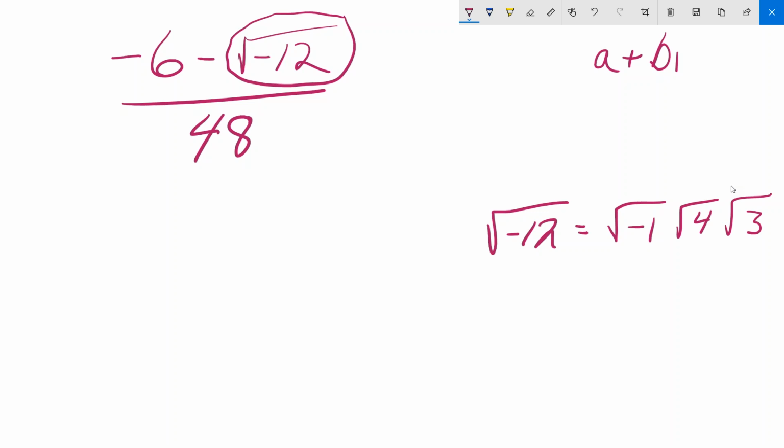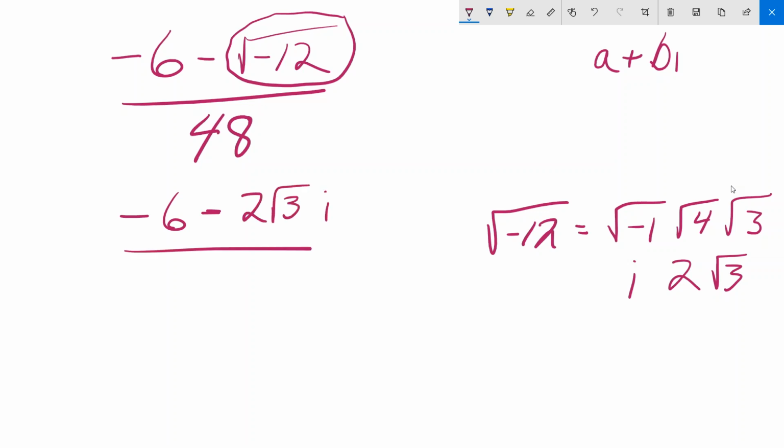That's I, that's 2, and that's root 3. So the proper way to write it would be 2 root 3i. So now what we have is -6 minus 2 root 3i all over 48.